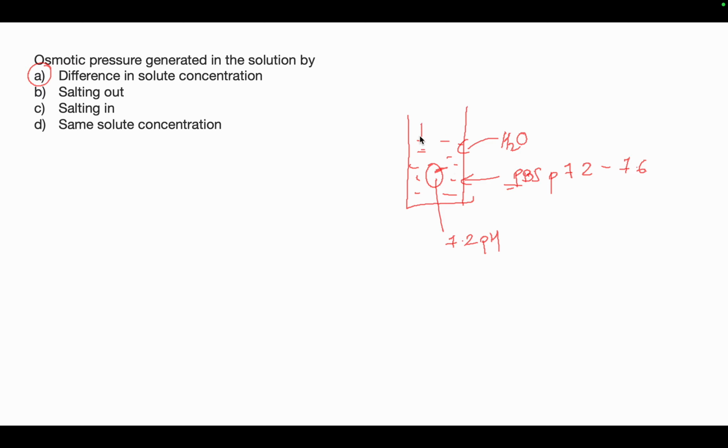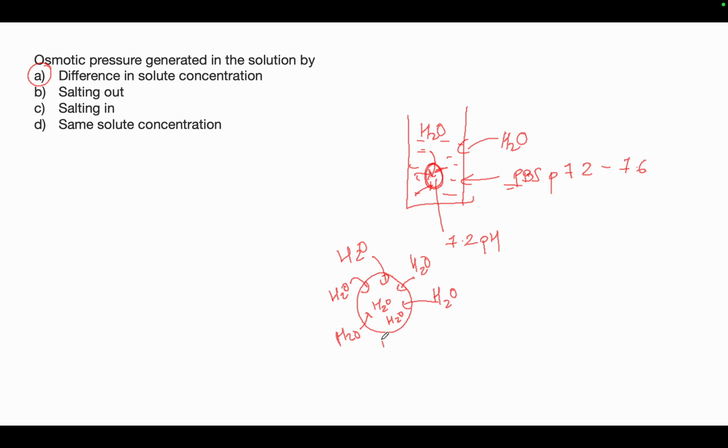If we increase the water concentration here, what will happen? Inside the cell there will be less water concentration, so the water molecules will move inside the cell. Inside we have an aqueous environment in the cell. So if we increase the water concentration outside, this water will move inside because of the difference in the concentration until it reaches equilibrium.